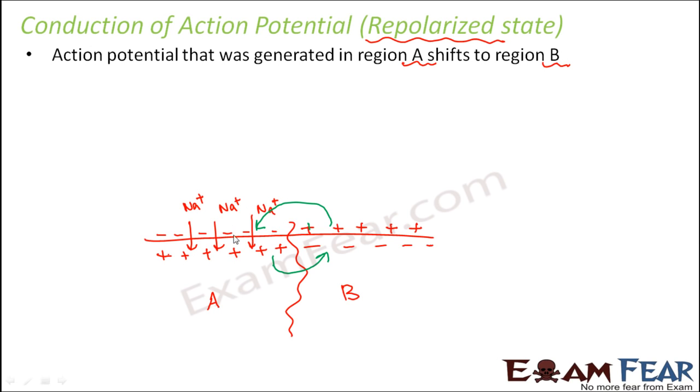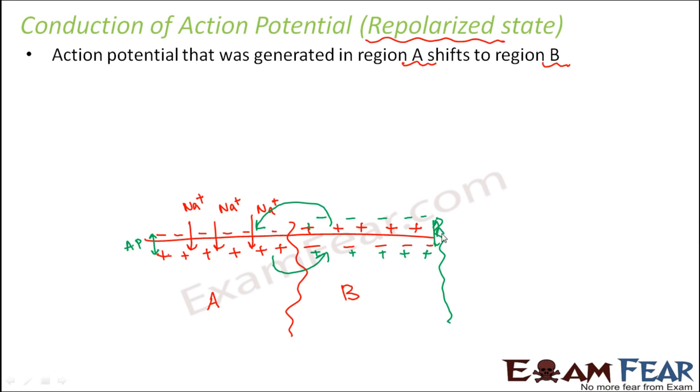Meanwhile, this potential difference which existed in case of A, which we call action potential, gets shifted from A to B. Once the current flows from A to B on the inner side and B to A on the outer side, region B will have positive on the inner side and negative on the outer side, and this difference will become the action potential.